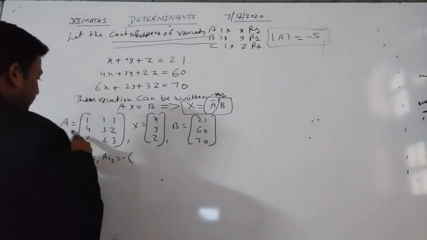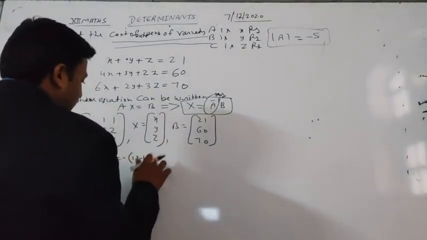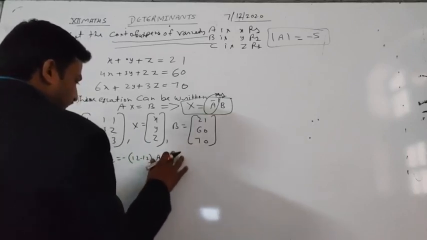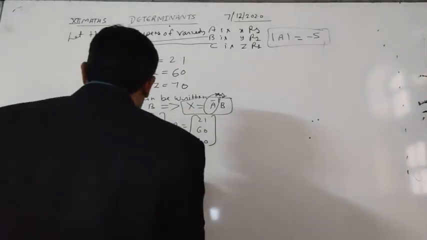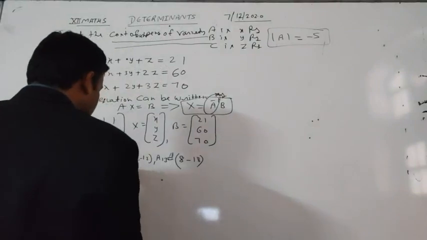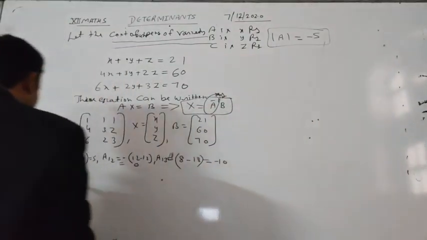A12 is with a negative sign, 12 minus 12. A13 is 8 minus 18, so this is 0, and this is minus 10.